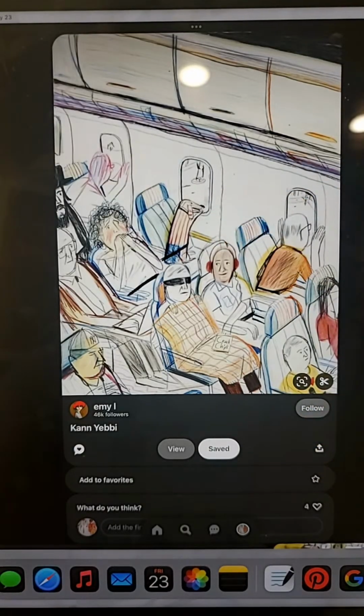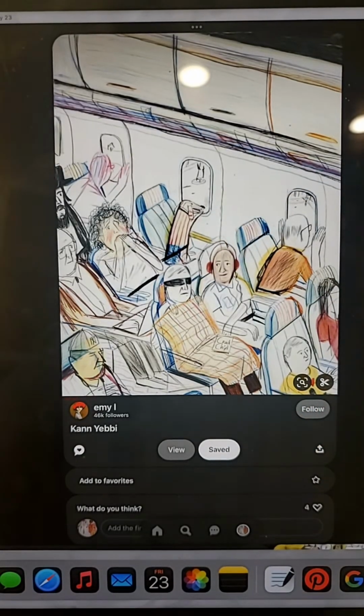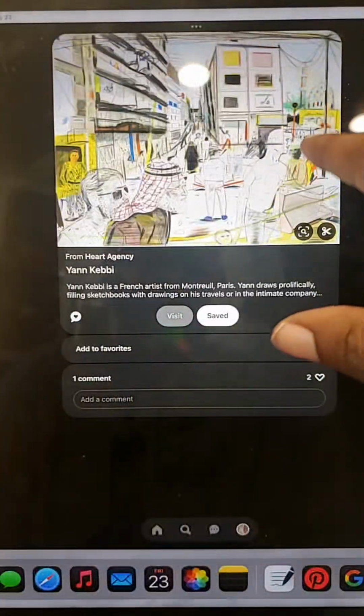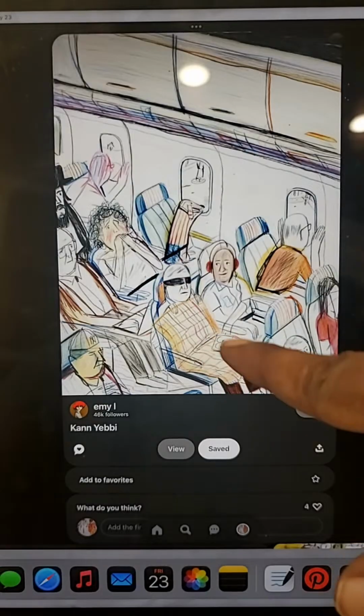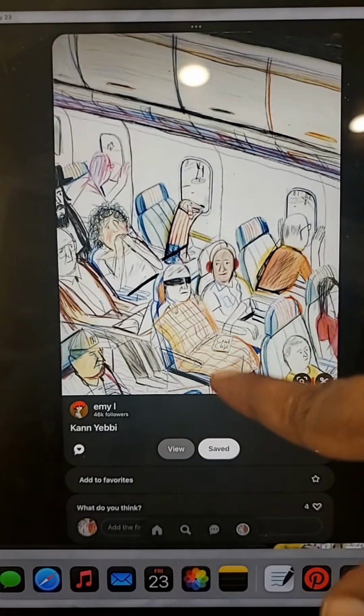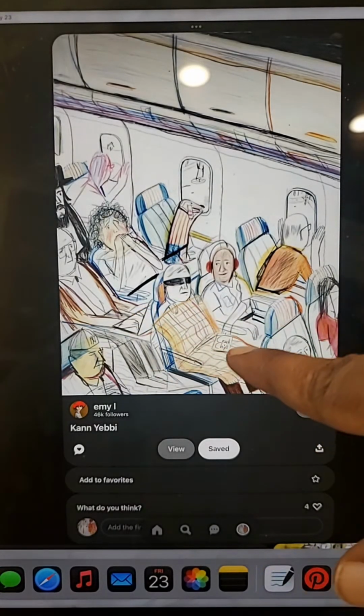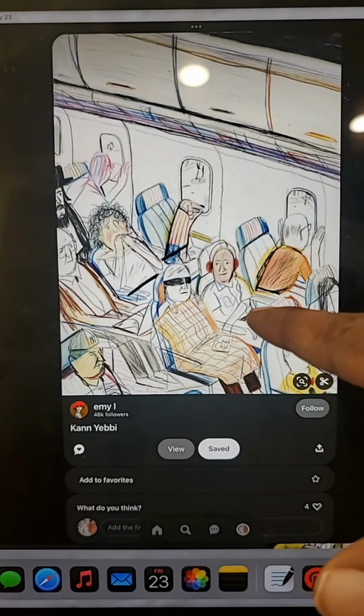This is another one that I've recreated. Because there's so much going on in this scene, I just picked out this individual and redrew him, and this was a lot of fun as well. Like I said, very visually interesting.